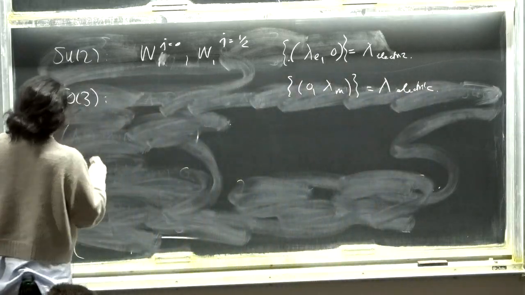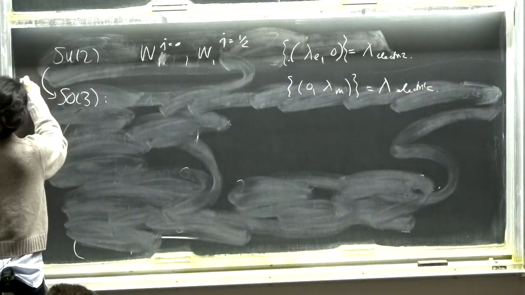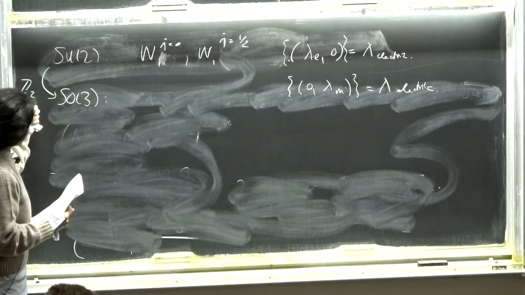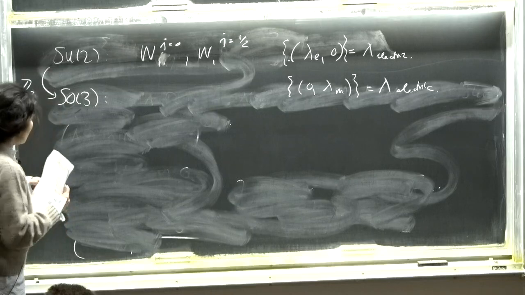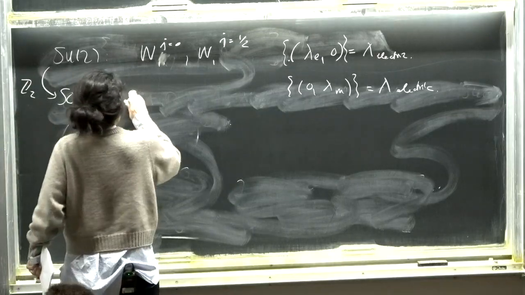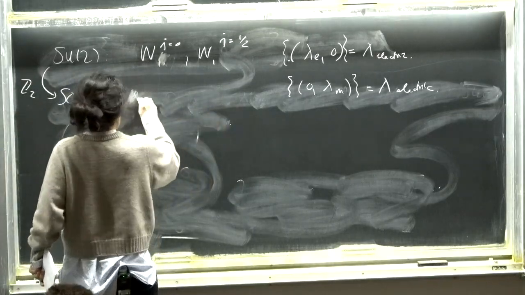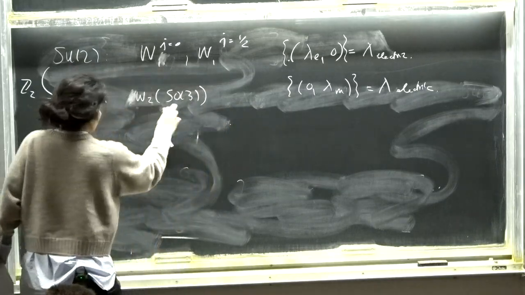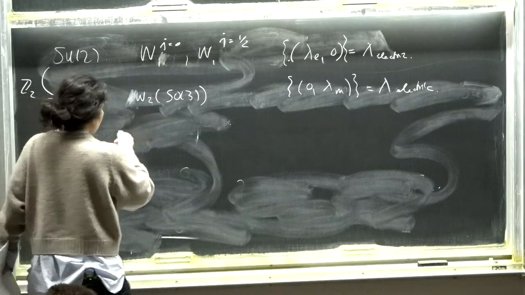And we can go from here to here by gauging Z_2. What exactly is the difference between SU(2) and SO(3)? Well, there's this non-trivial class that Nadi was talking about yesterday, W_2.